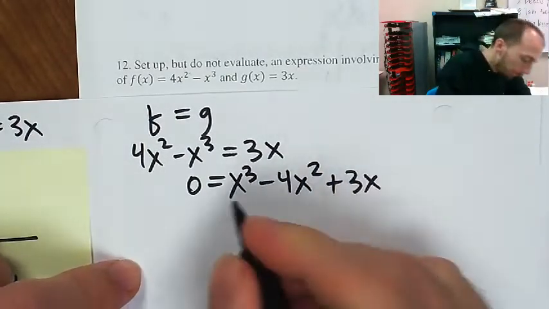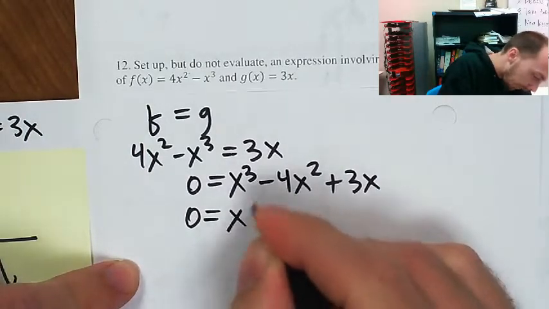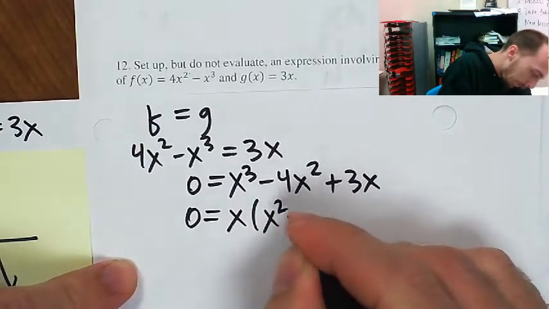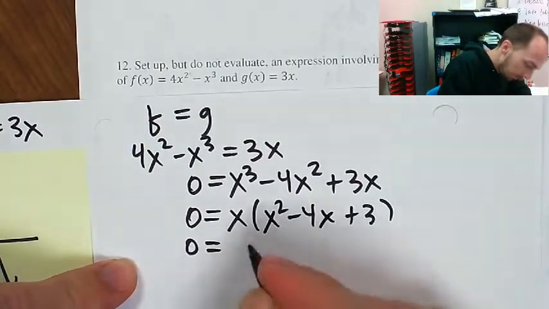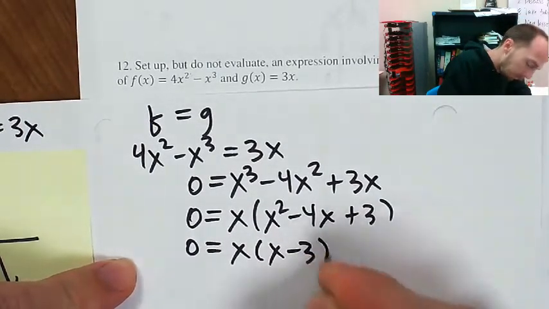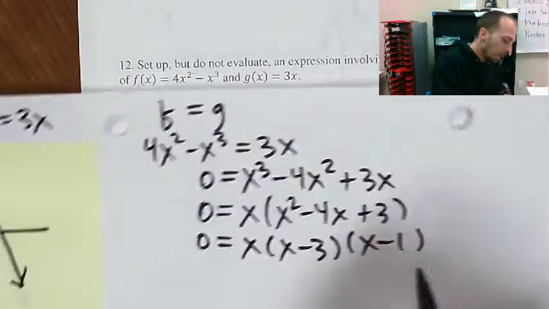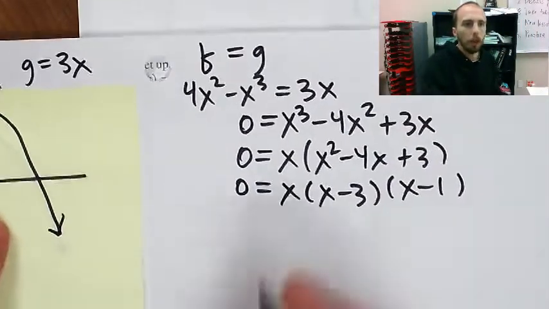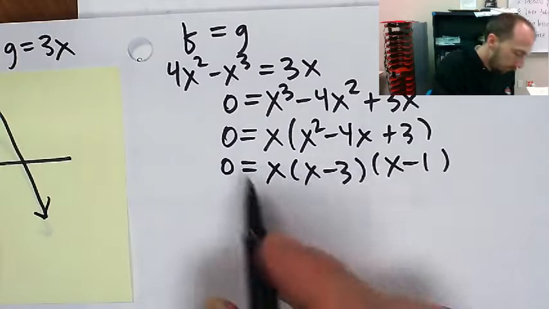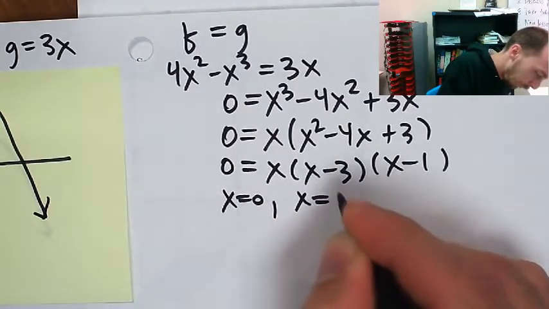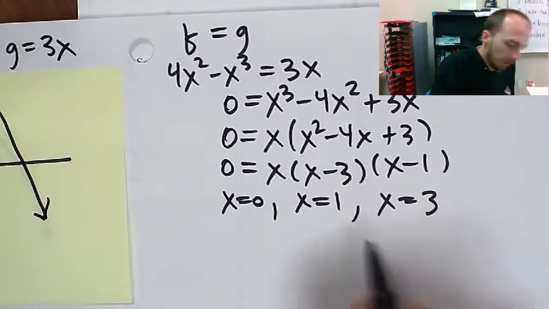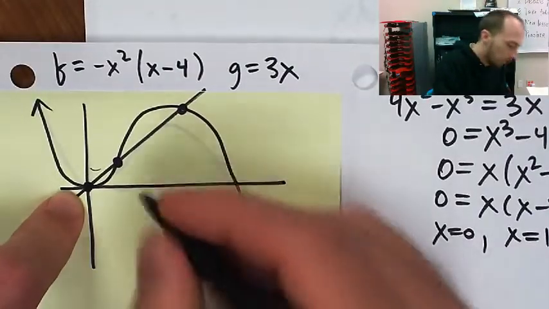This is going to be factorable. 0 equals x times x squared minus 4x plus 3, which factors into x minus 3 and x minus 1. So this is equal to 0 when x equals 0, x equals 1, and x equals 3, which happen to be my three x coordinates of intersection.